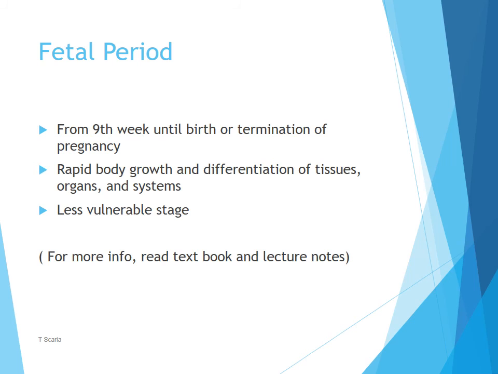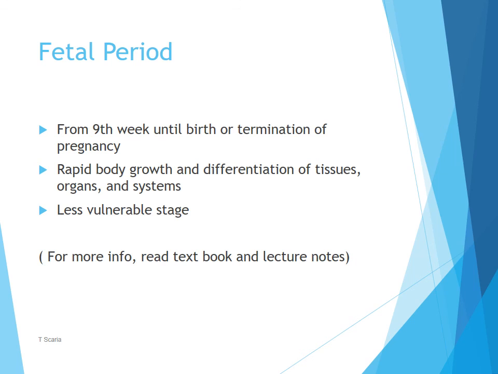The next stage is fetal period. From 9 weeks until birth or termination of pregnancy is called fetal period. Rapid body growth and differentiation of tissues, organs, and systems occurs during this stage, and it is a less vulnerable stage to teratogens.